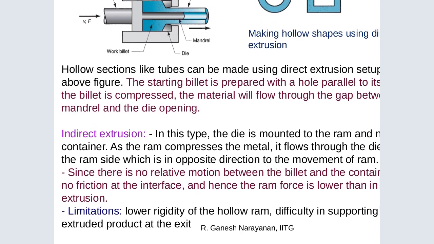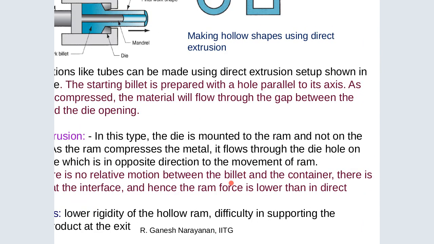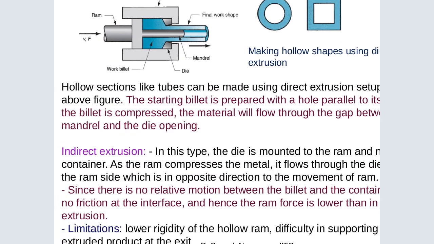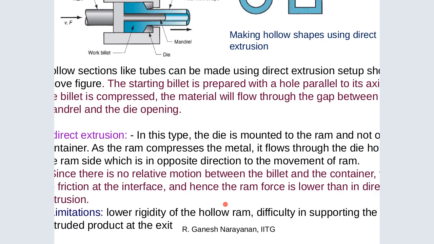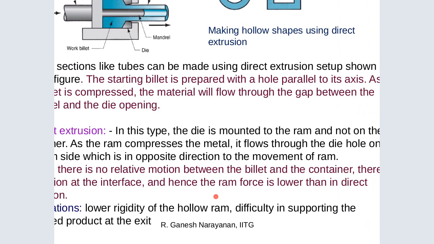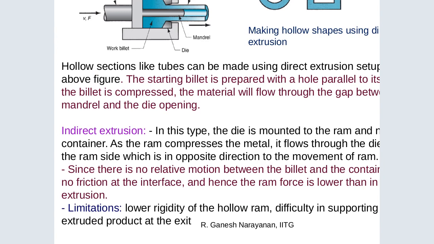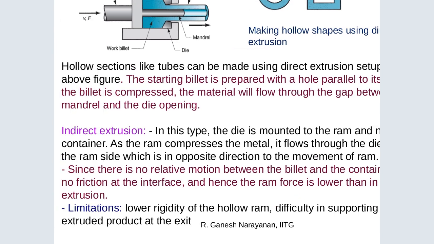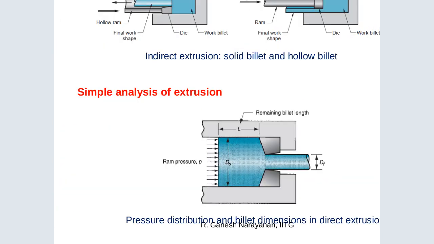As the ram compresses the metal, it flows through the die and the ram inside, in the opposite direction of movement. Since there is no relative motion between the billet and the container, friction is reduced. Limitations: the lower rigidity of the hollow ram, and difficulty in supporting the extruded product at the exit.